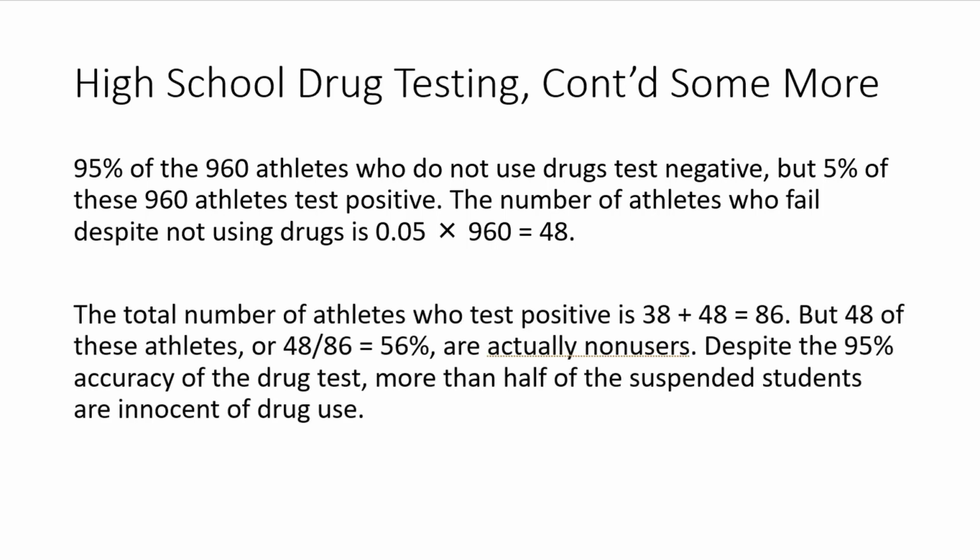The total number of athletes who test positive is 38 plus 48, which equals 86. But 48 divided by 86, which computes to 56%, are actually non-users. Despite the 95% accuracy of the drug test, more than half of the suspended students are innocent of drug use.